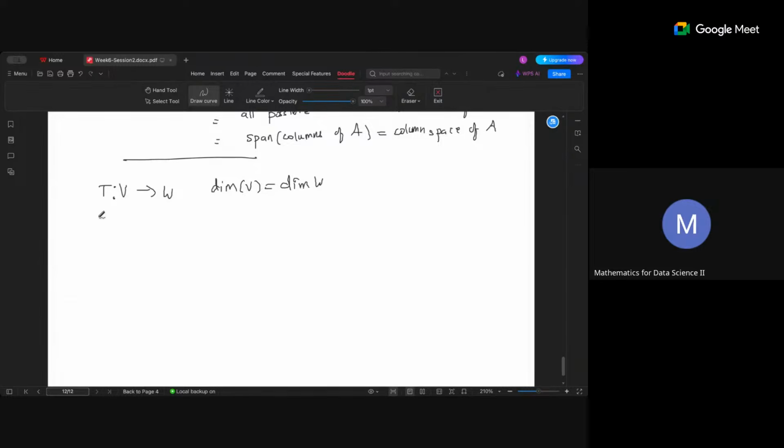Take any basis of V. Let's say the dimension is some k, so v1, v2 up to vk. And take any basis of W: w1, w2, up to wk. Now you define T(vi) equal to wi, for i between 1 to k. Now this T is an isomorphism.